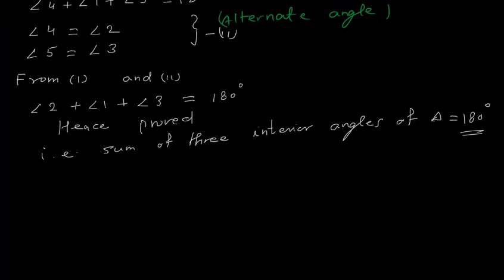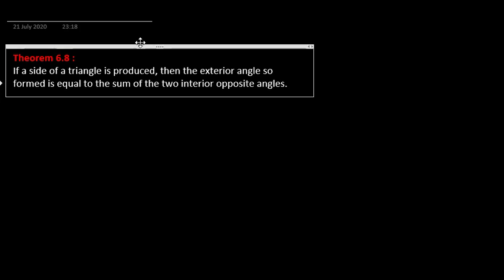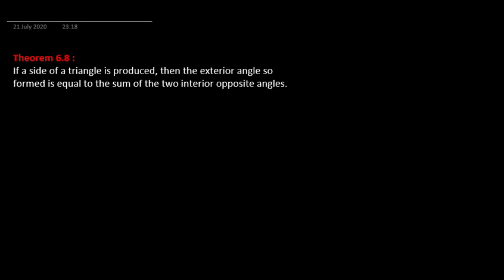Now let us see the last proof. The next proof is: if the side of a triangle is produced, then the exterior angle so formed is equal to the sum of two interior opposite angles. Let us draw one triangle ABC, and I have produced this side BC of triangle ABC up to point D. So I got angle ACD as an exterior angle.